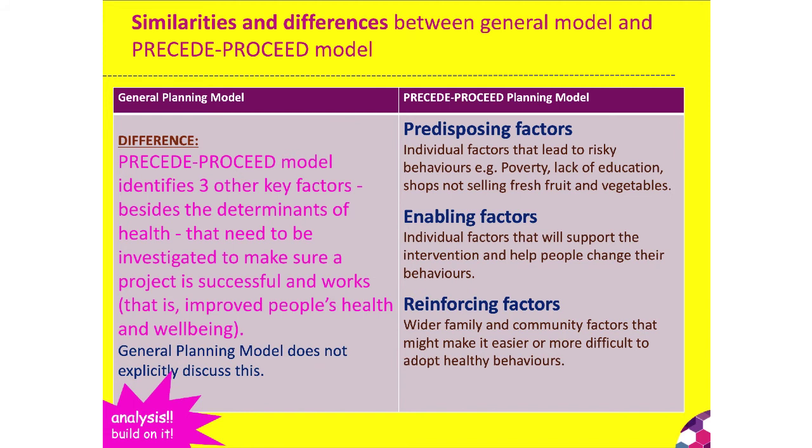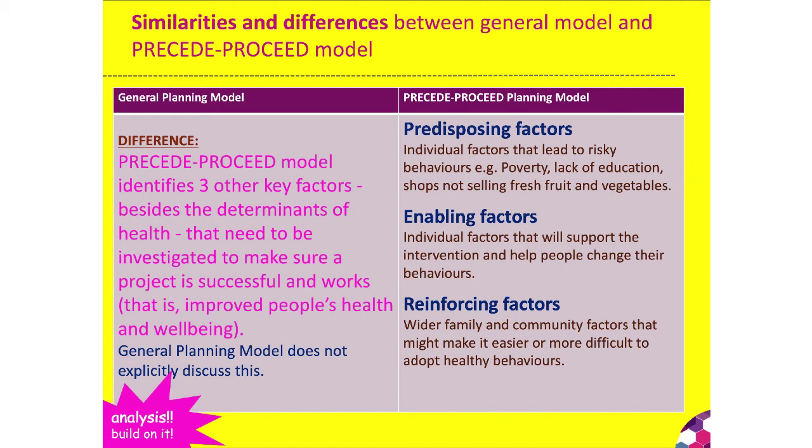The PRECEDE-PROCEED model discusses predisposing factors, enabling factors, and reinforcing factors. As I said, predisposing factors are the individual factors that lead to risky behaviours, such as poverty, lack of education, shops not selling fresh fruit and vegetables. And enabling factors are individual factors that will support the intervention and help people change their behaviours.